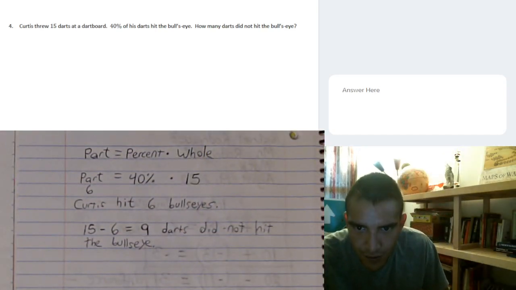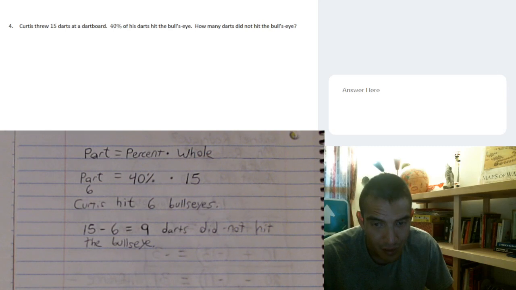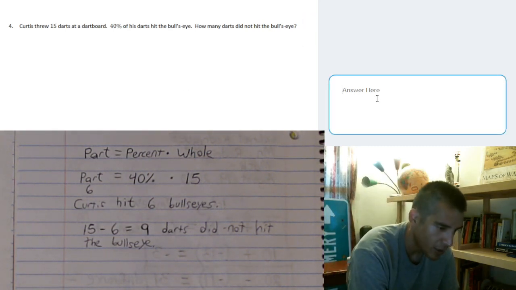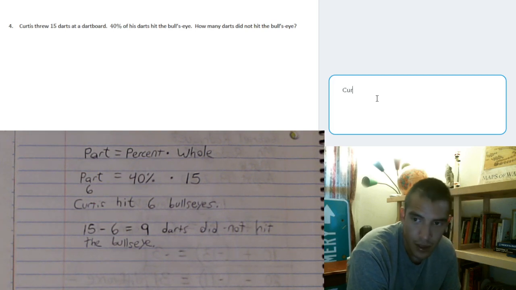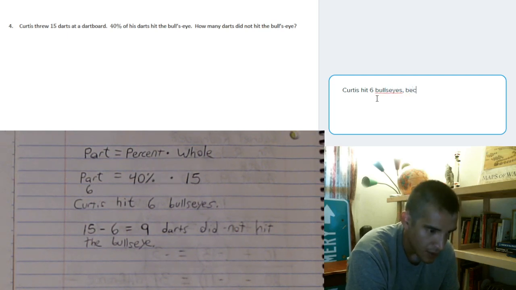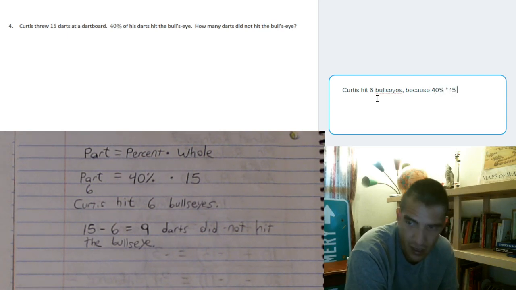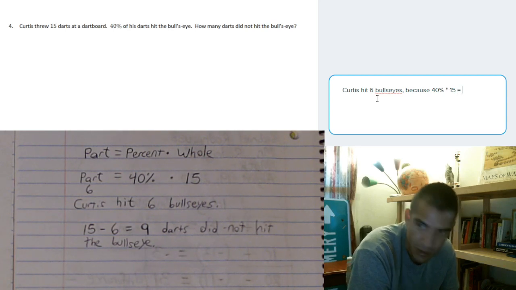So let's just see what the final question was. The final question was, how many darts did not hit the bullseye? So I'm just going to say all my work. Curtis hit 6 bullseyes because 40% times 15 equals 6.